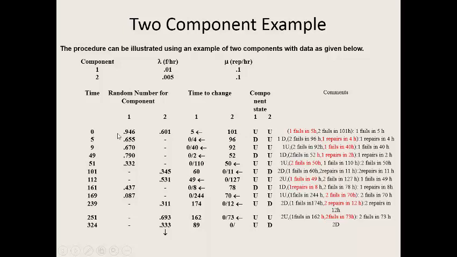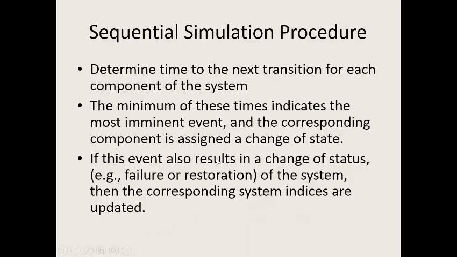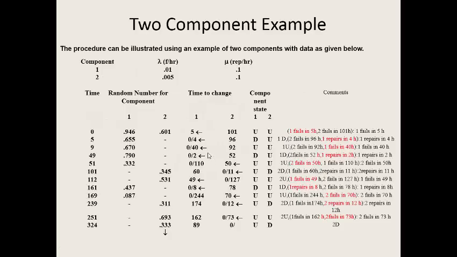So we draw a random number for component 1 and for 2, and we go back and use this equation over here, and we find that for component 1 the time to failure is 5, and for component 2 the time is this much.